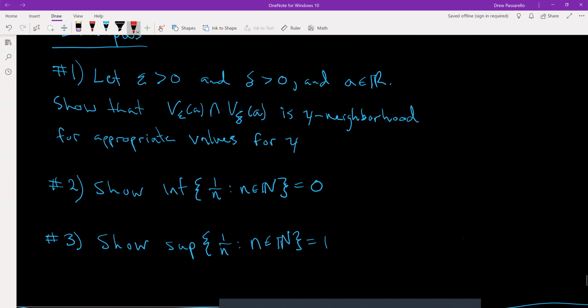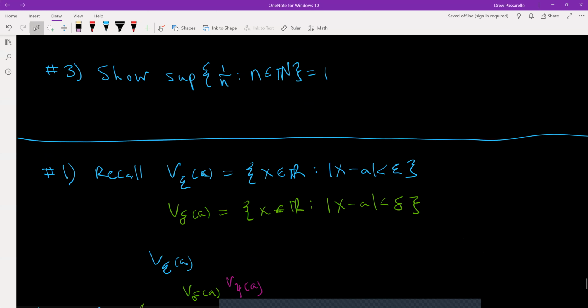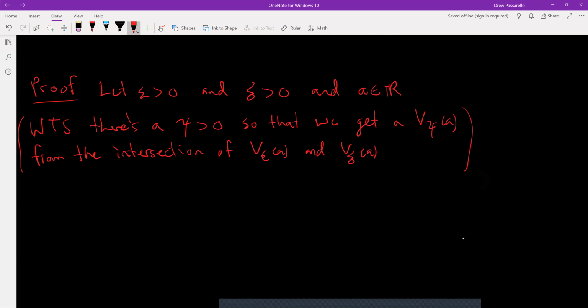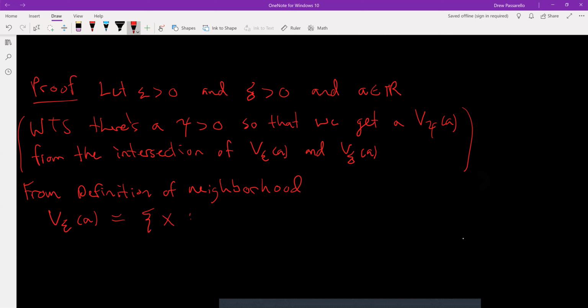And just to write down the definition, from the definition of neighborhood, the epsilon neighborhood around A is the set of x such that the absolute value of x minus a is less than epsilon.